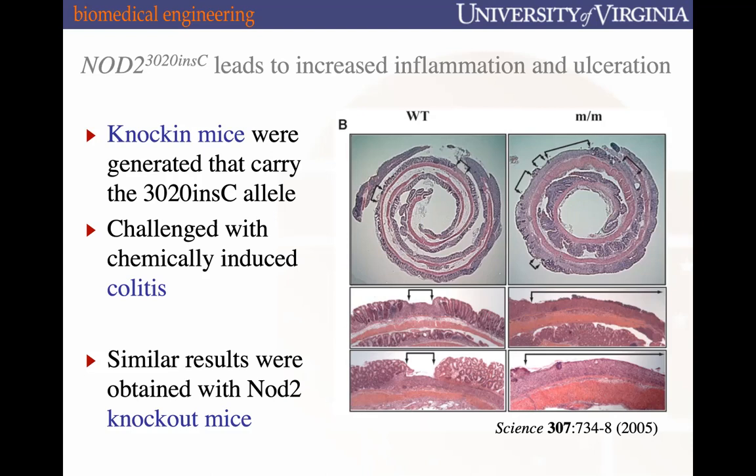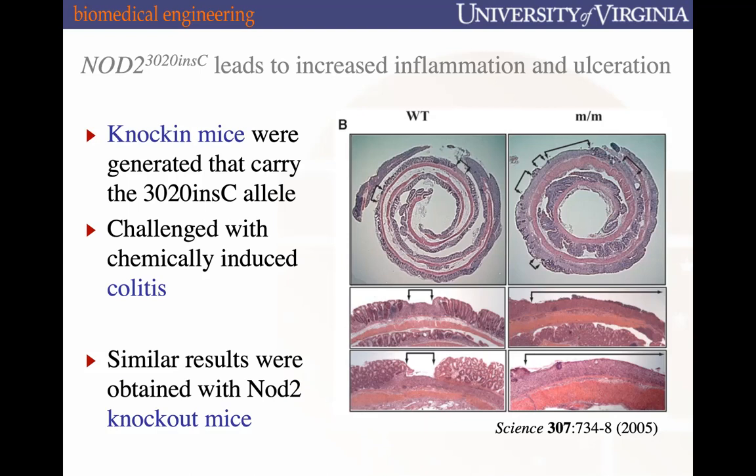Looking at chemically induced colitis, chemically induced inflammation of their intestines in these mice, we were able to see that WT, the wild type normal allele, only had a certain response to it, but in the knocked-in mice that carried that mutation, their colons were far more inflamed and had far more fibrosis, or scar tissue formation, in response.